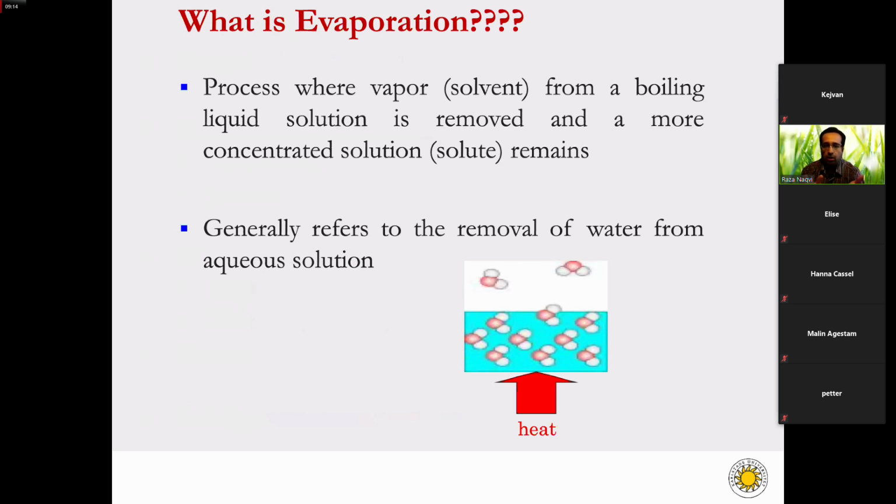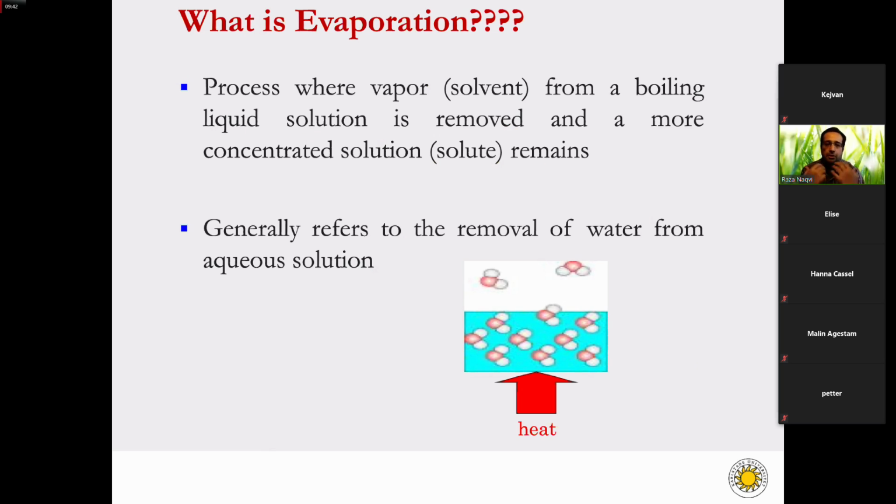But when we talk about commercial evaporation, it means that we try to boil the liquid and try to vaporize the solvent as much as possible in order to increase the concentration of the solute in the solution. So this is called evaporation. If we look at the journal definition of evaporation, it can be relevant for any different types of solute and any different type of solvent.